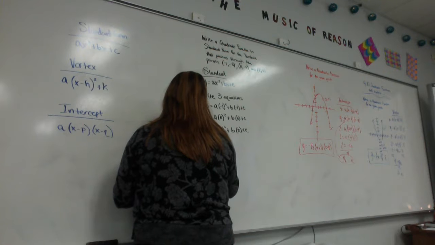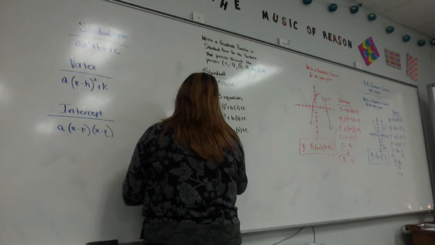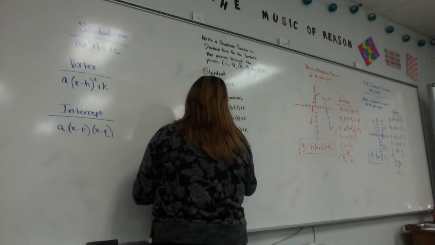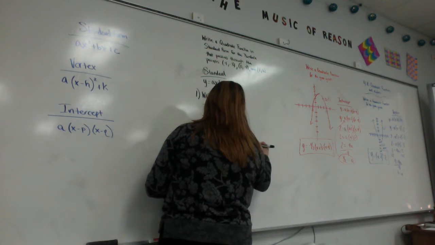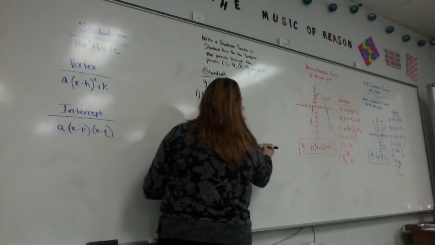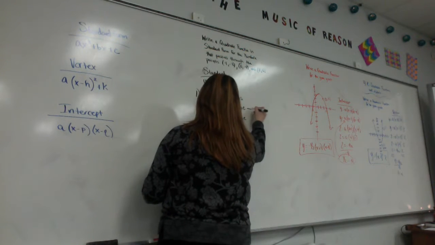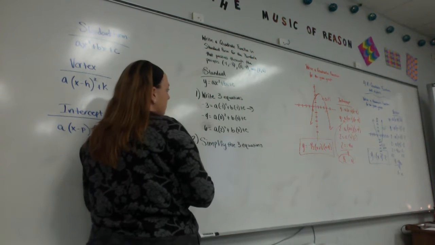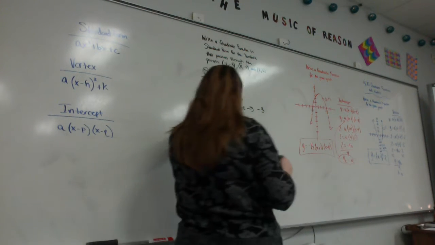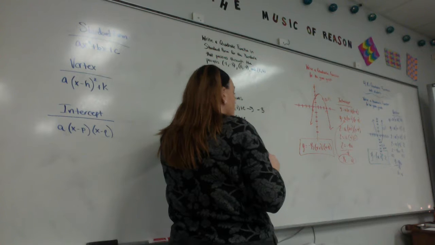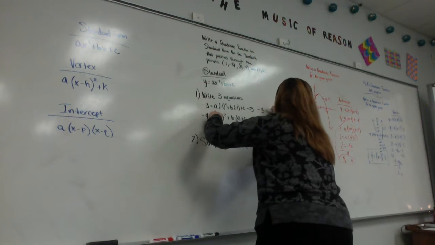Step 2 is to simplify the 3 equations. So we're going to simplify all of these. I'm going to do them like this so that we can see them simplified. -3 equals, what's (-1) squared? 1. So 1 times a is just a.